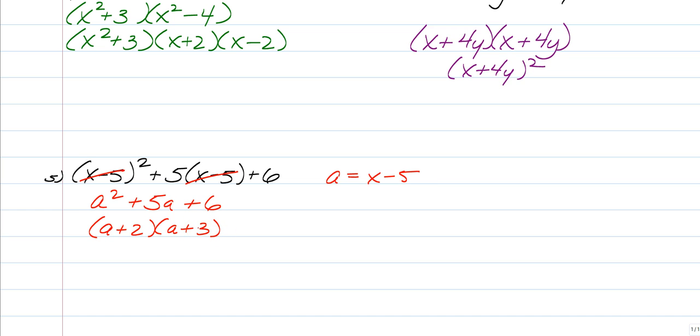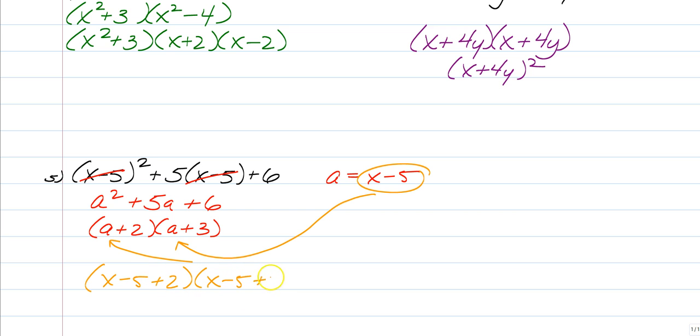So I'm already factored. Now the only thing I have to do is take that x minus 5 and substitute it into both of those a values. That's just going to give me x minus 5 plus 2 and x minus 5 plus 3, leaving me with x minus 3 and x minus 2.